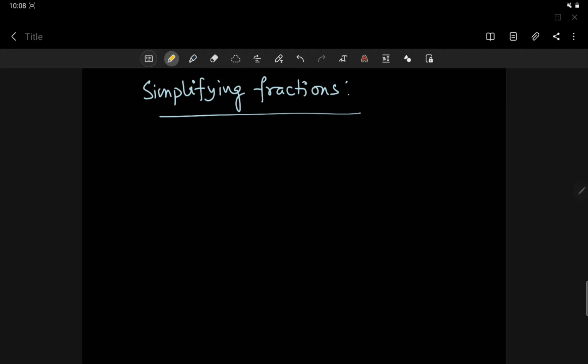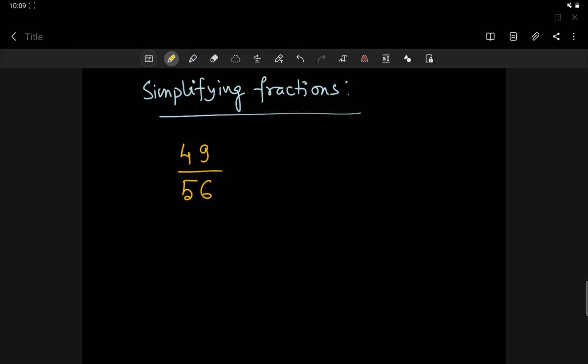Now the next topic is simplifying fractions. How to simplify fractions? Suppose I am giving 49 by 56. Simplify this fraction. To reduce a fraction to its simplest form, the numerator and the denominator should be divided by a common factor till they have no common factor other than 1.